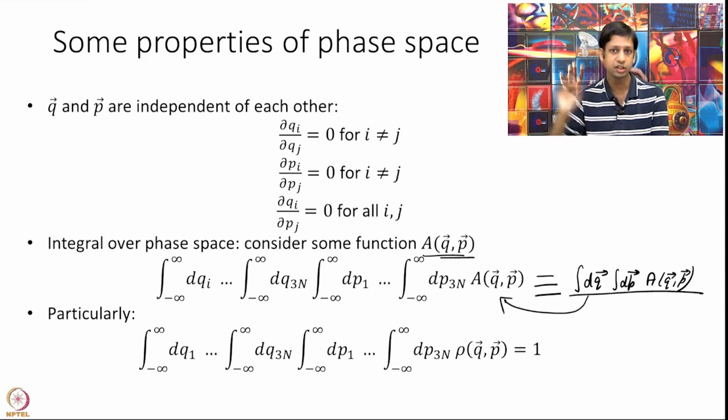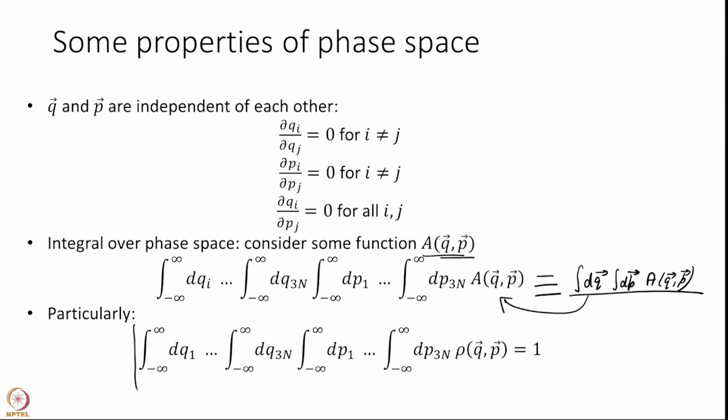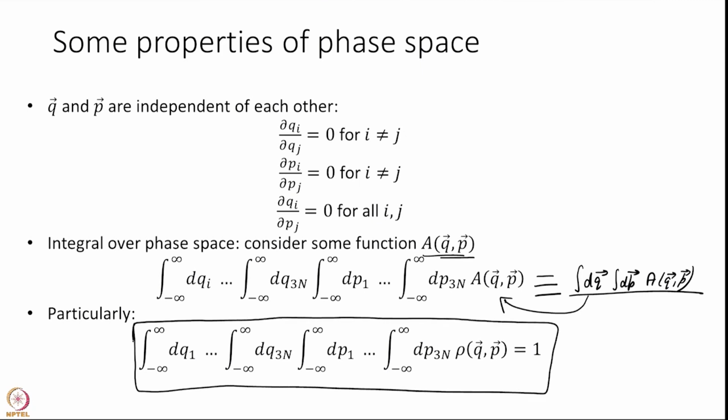So, the whole integral must come out to be 1. Okay. It is important to note, it does not come out to be 3N, it comes out to be 1. You can think of that as a matter of convention. Okay. So, this property is a very important property of density matrices.